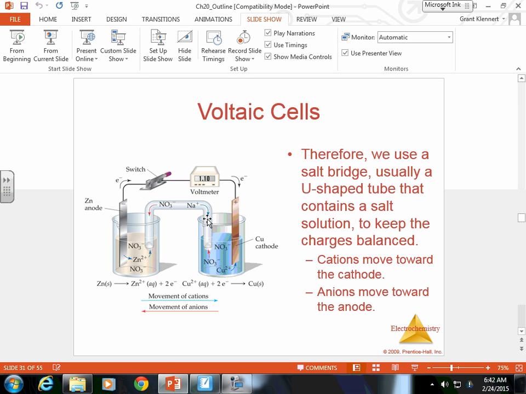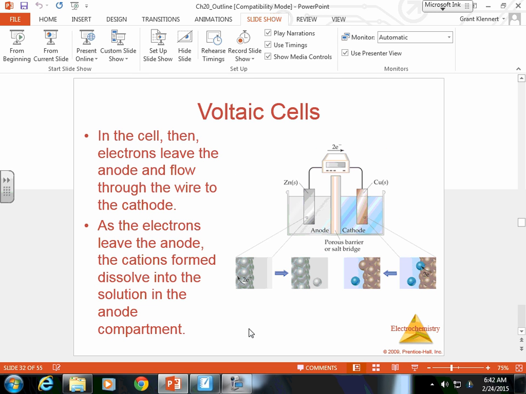You can see the salt bridge is this U-shaped tube of sodium nitrate in this diagram. The cations are going to move towards the cathode, the anions will move towards the anode, and it's going to help keep our charges balanced. If our charges aren't balanced, the battery goes dead. And that's essentially how a voltaic cell or a battery can go dead.